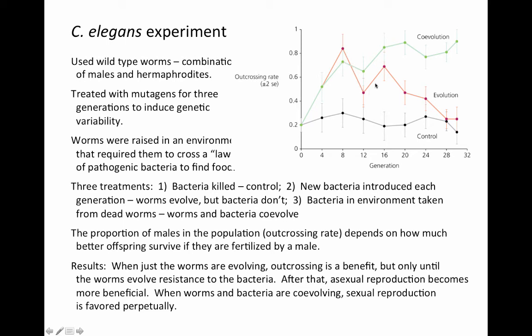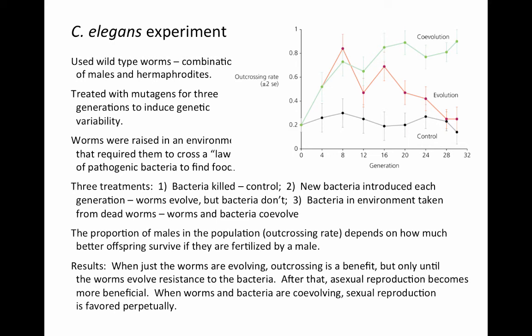Once they've done that, though, then they go back to having more hermaphrodites and fewer males in the population because at that point, once they already have the multilocus genotype that's optimal for facing these bacteria, now there's a numerical advantage to being asexually reproducing according to Haldane's model, and now it's not so beneficial to have the males anymore.